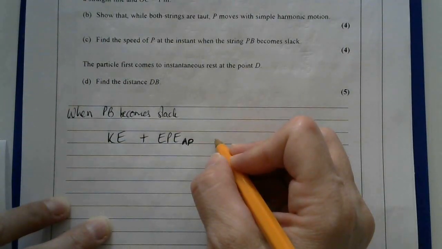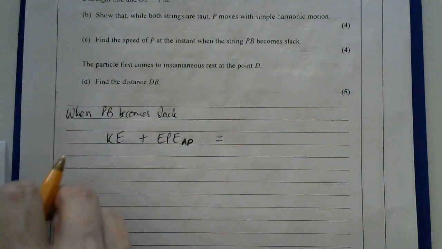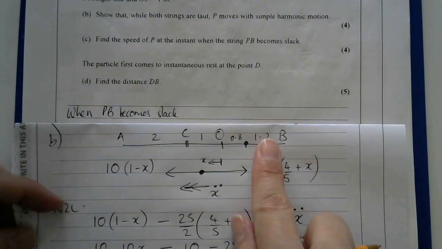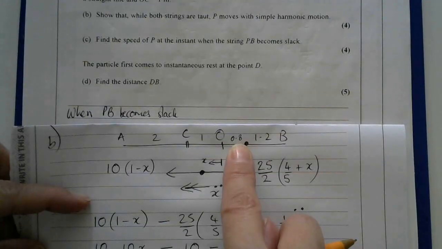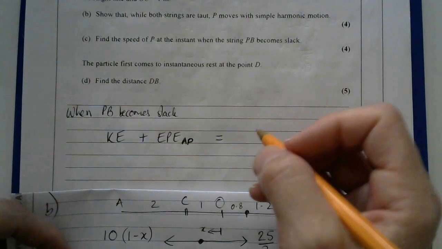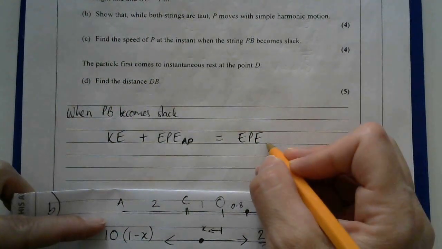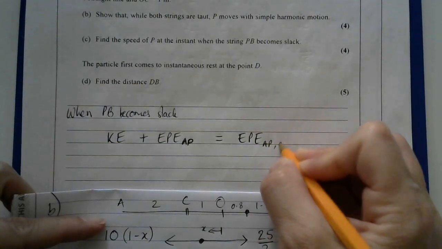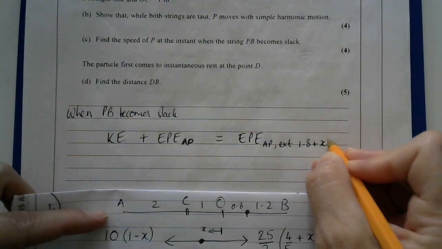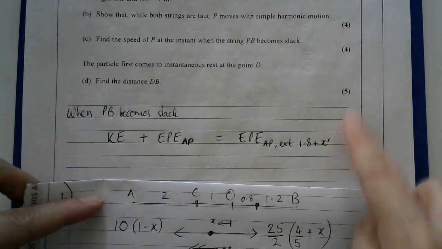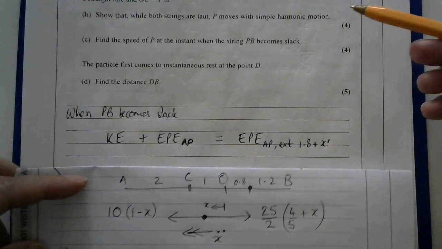And so then when the particle then comes to rest, then we know that this string will still be slack, and this string will be extended by 1 plus 0.8 plus a bit. So I'll have the elastic potential energy still in AP with extension 1.8 plus something. I'll call it x again, but I'll call it x dash because this is different to the x that I was writing about when I did this in previous parts of the equation.